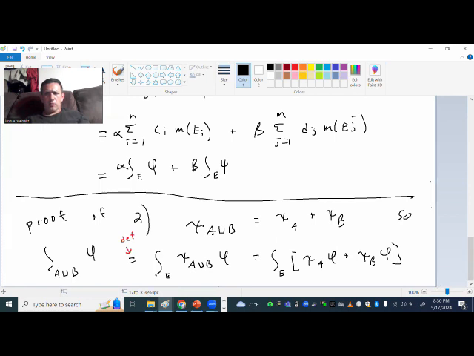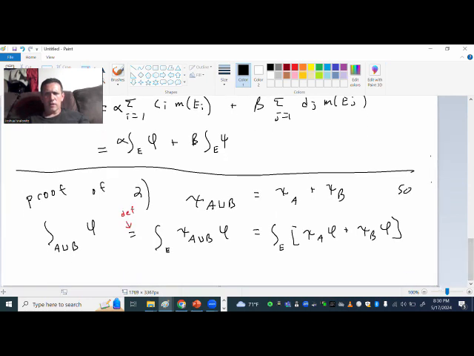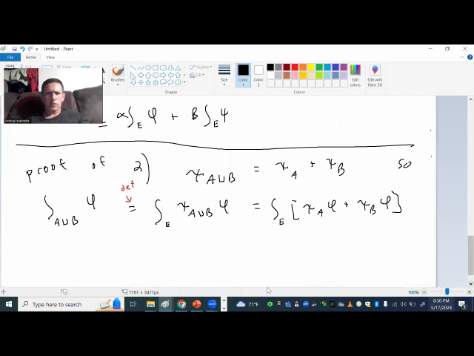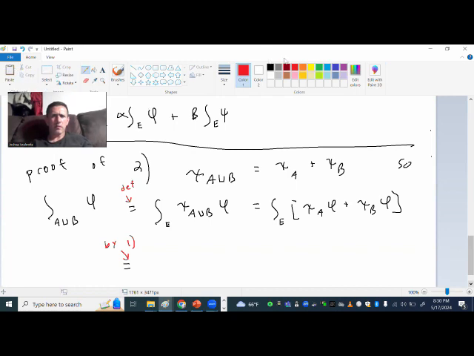All right, so we just proved that this is going to be equal to, by linearity from one, and again, I'm going to use the definition in a second. So this is a nice, easy proof.